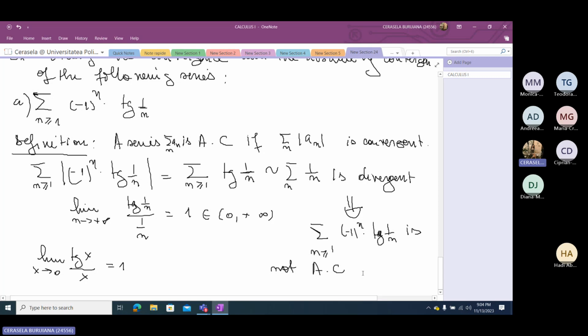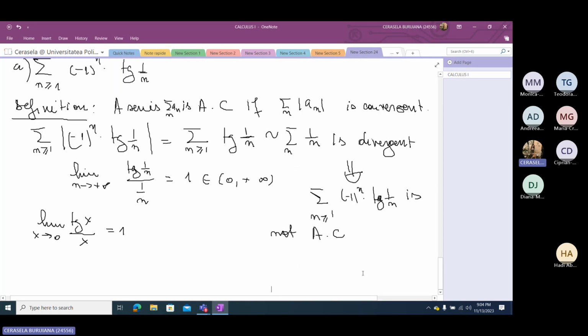And because it's a revision, let's remind ourselves a little of the Leibniz test first, and then try to use it in our situation. So the Leibniz test, for those who forgot, what it says.